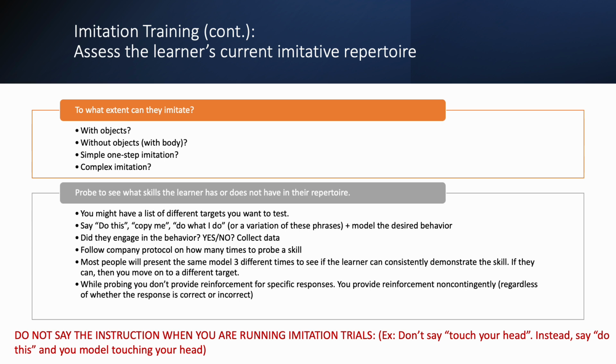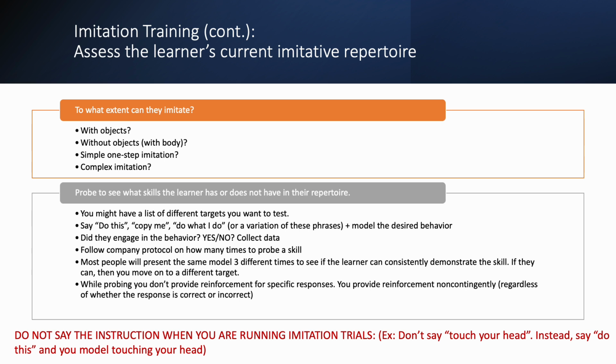Okay. And then there's just one thing that I added on here. You're not going to see this in your textbook, but it's something that I see often in practice, and I want to make sure that I'm relaying this information to you guys. When you are working on imitation, you remember the response is going to be controlled by the model.